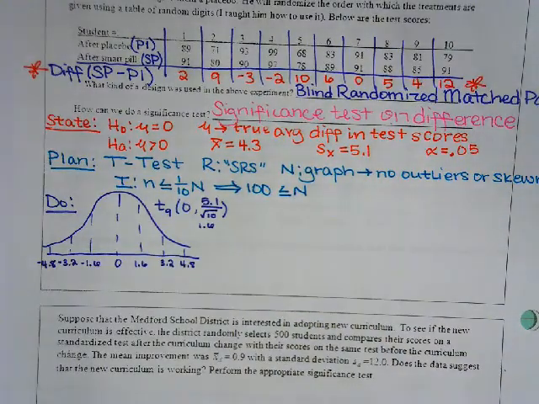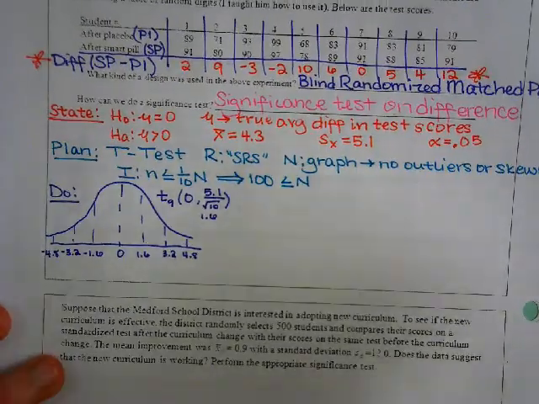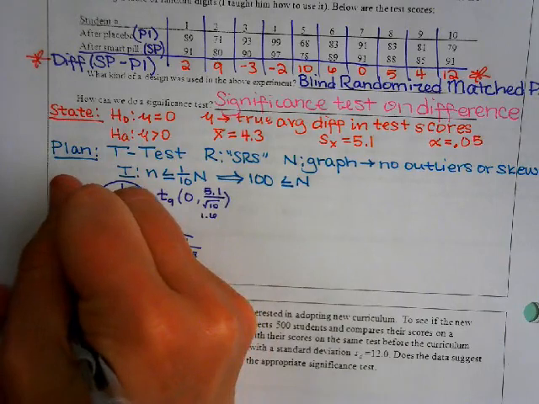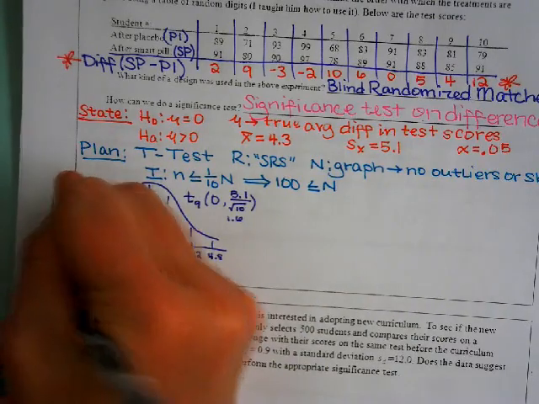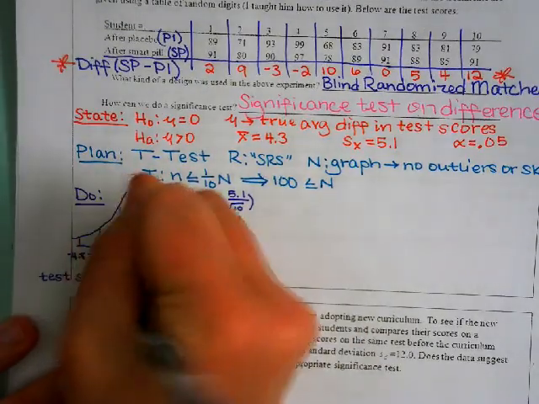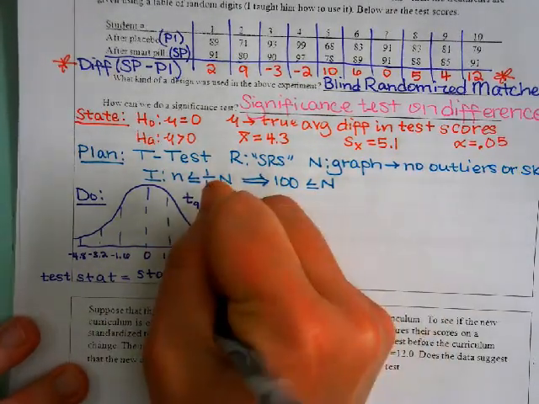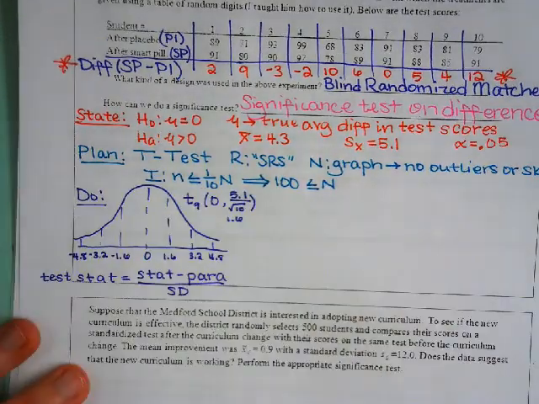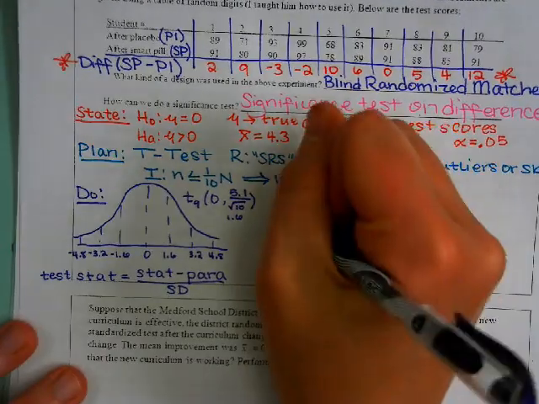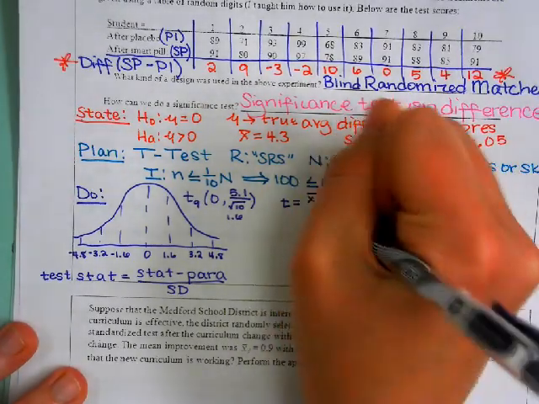And then, like Annika said, this is where we need to have our actual t equals. But we also need the general formula, which is that our test statistic comes from our statistic minus our parameter divided by our standard deviation. We're working with means, so our test statistic is t. We have x bar minus mu divided by s sub x divided by the square root of n.